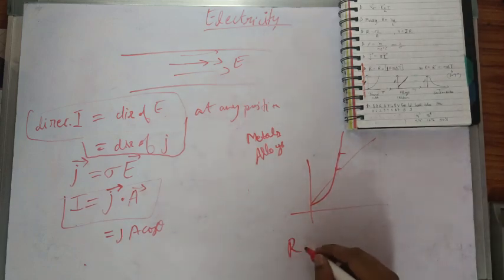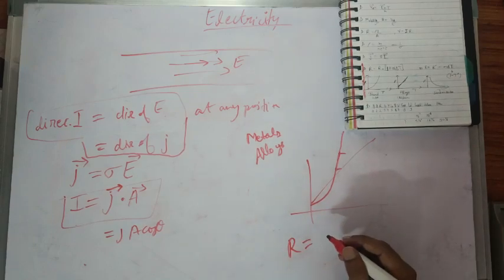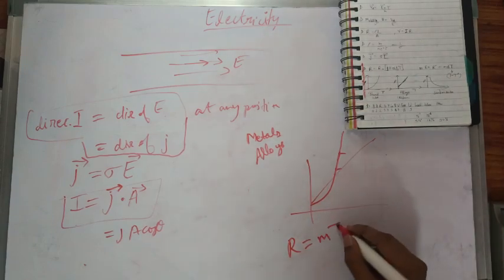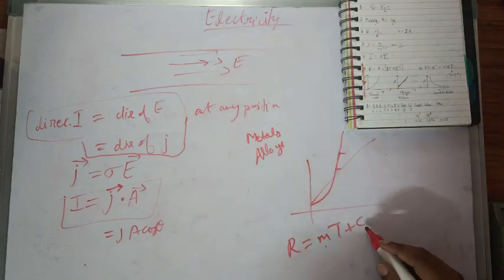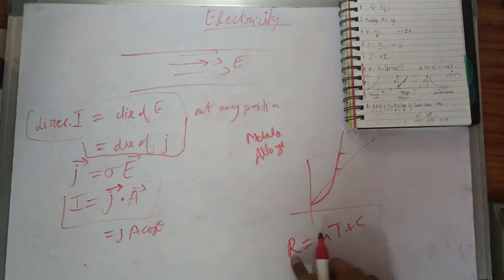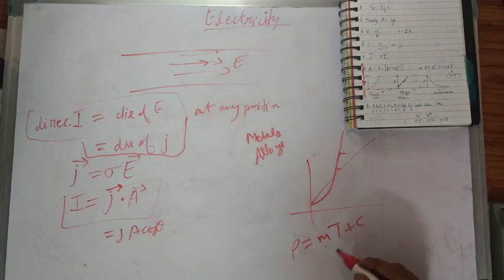Means resistivity can be written as mT plus c, where m is the slope of this line and c is some constant.